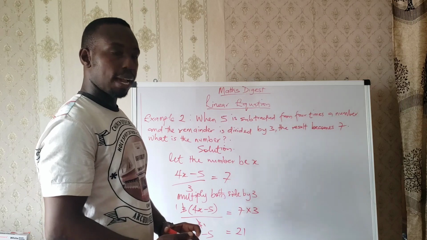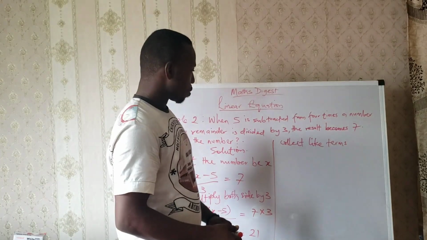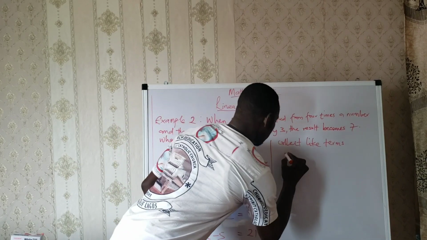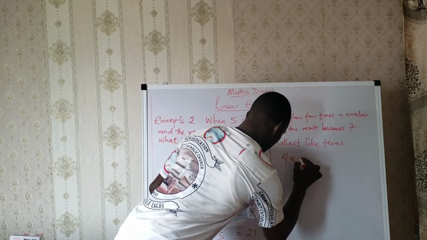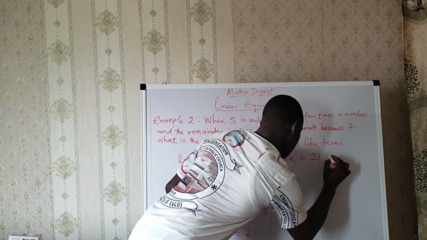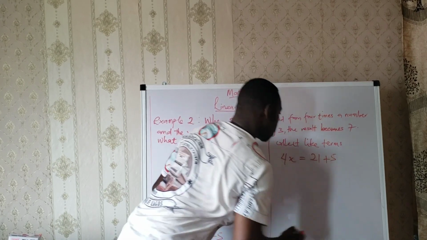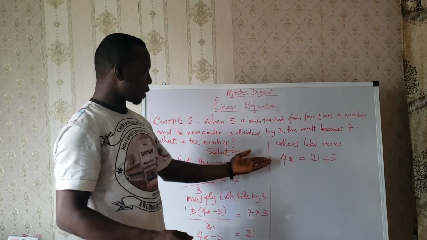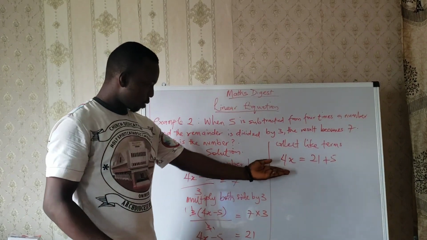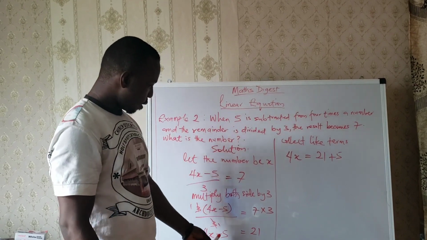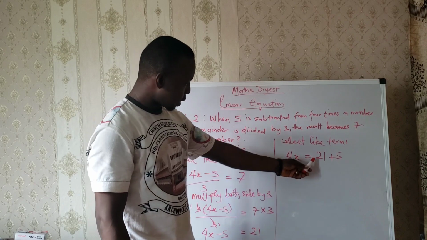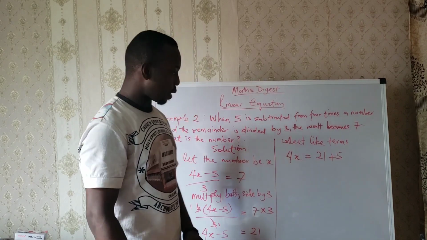So when we collect like terms, we have 4x. Now this minus 5 will cross the equality sign to the other side to meet 21.